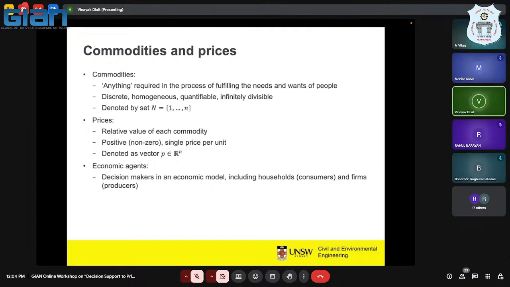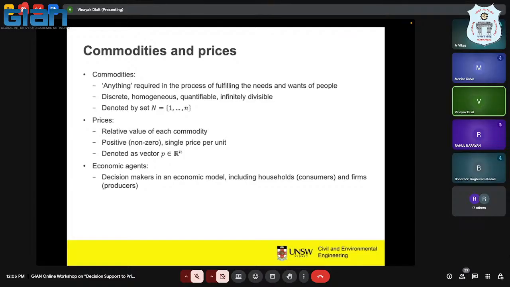We have to give a very, very specific definition of what a commodity is. A commodity is anything that is used or required to fulfill a household's need, or what people want. We also consider them to be discrete, homogeneous, quantifiable, and infinitely divisible. So a wheat is a wheat.